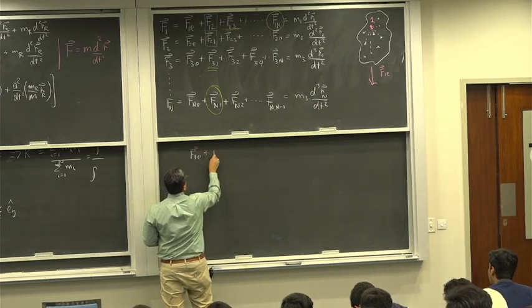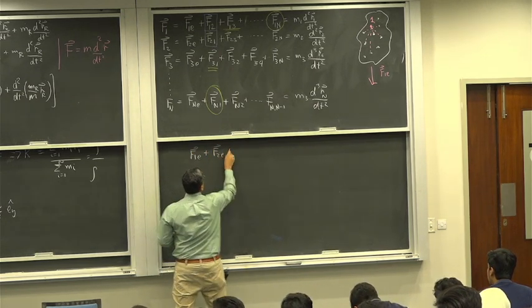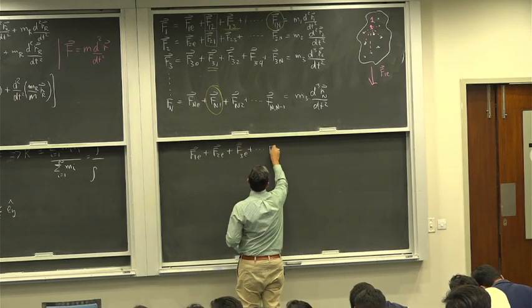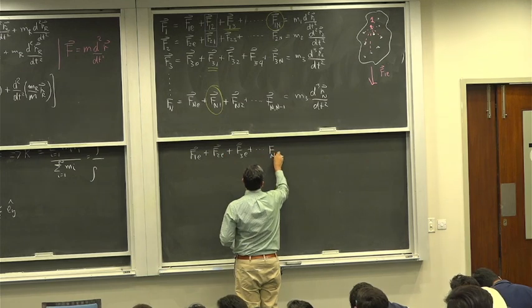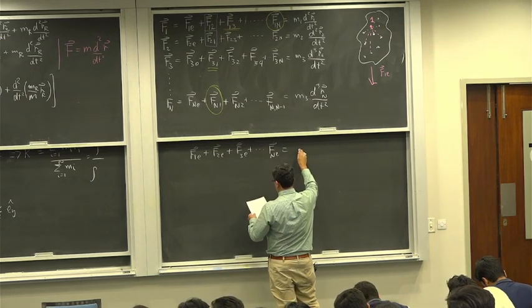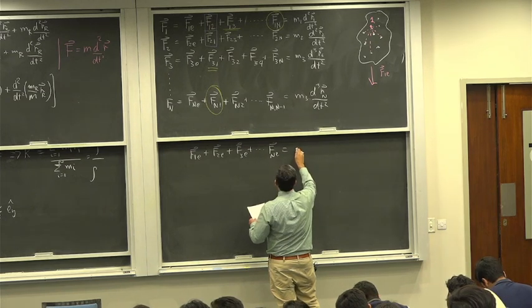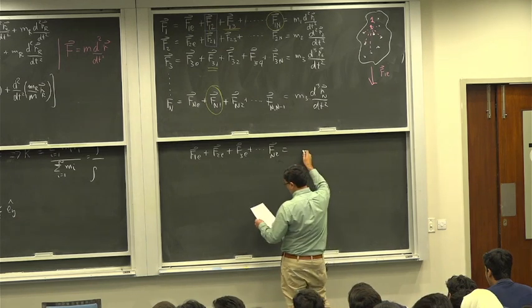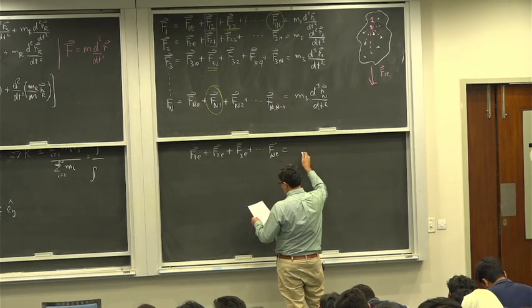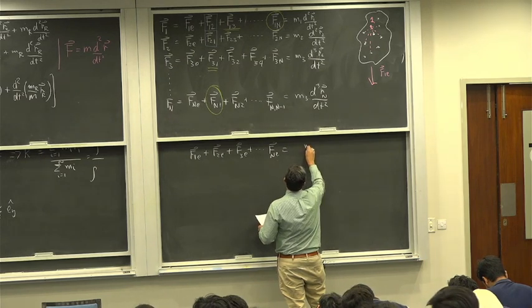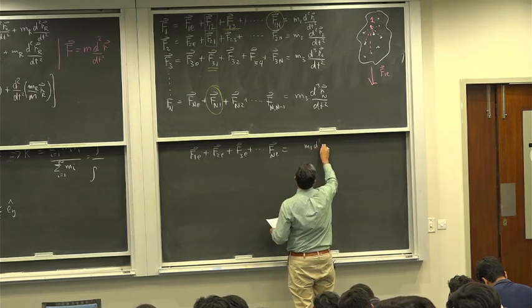F1e plus F2e plus F3e up to Fne is equal to, let me just write it simply, m1 d squared over dt squared of m1 r1 plus m2 r2 plus mn rn.